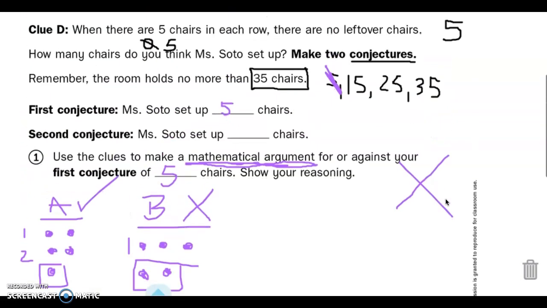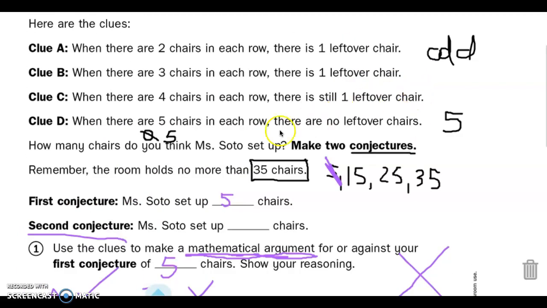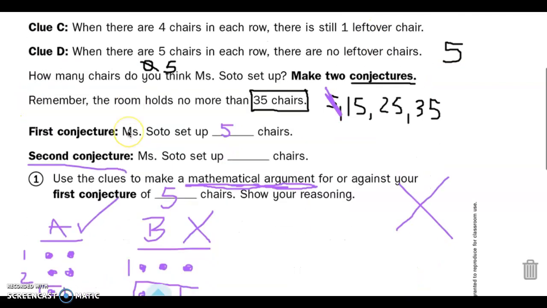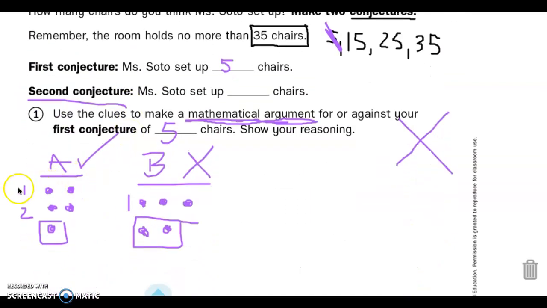Okay, on the back side, you get to test another conjecture, your second one. So now you have the option to try 15, 25, or 35 on the back using these clues, just like how I set them up. You'll draw rows and how many go in each one.